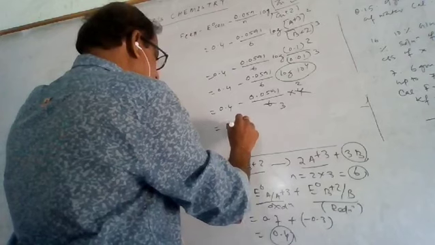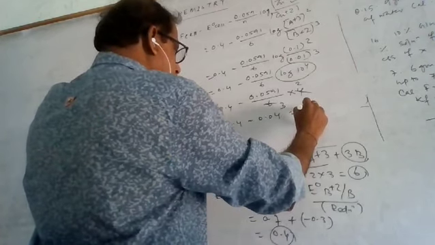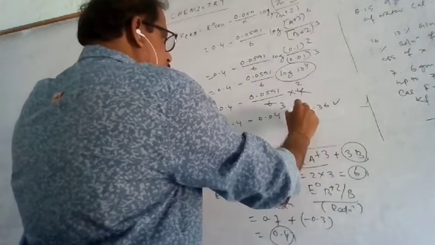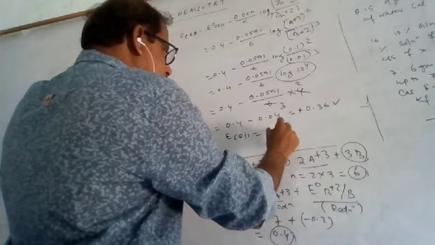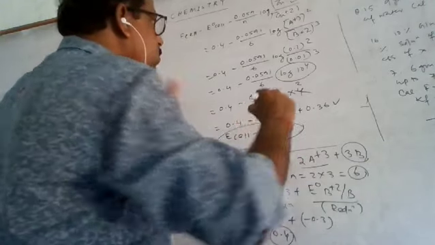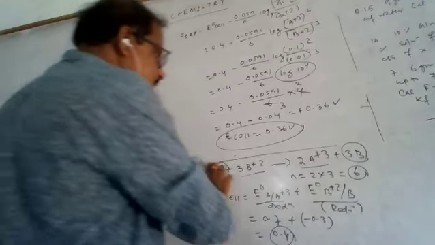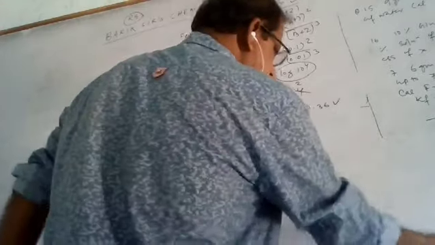So that is 0.4 minus 0.04 roughly. So that will be equal to 0.36 volt. So that is the E cell. E cell is equal to 0.36 volt. This way we can determine the E cell. This way you can calculate the E cell also.